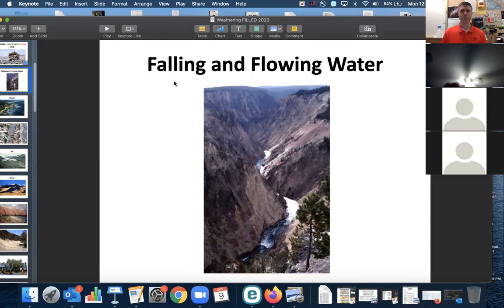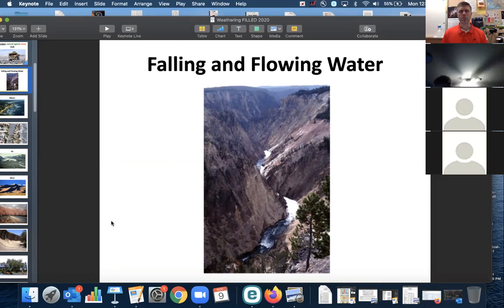And flowing water, specifically fast moving water, it can move an incredible amount of material. If you look at this picture, this river stream appears to be moving pretty quickly. Looking at the surface of the water, it has a lot of white water on it, which means that there's something beneath the surface that's churning this water.